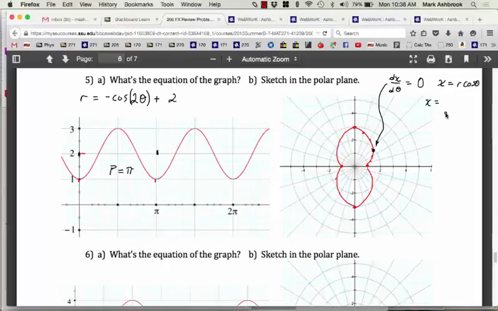So x equals r, which is negative cosine 2 theta plus 2, times cosine theta. So that's what x is for all the points on this graph. Since x is r cosine theta and r on every point in this graph is negative cosine 2 theta plus 2, that's what we got.